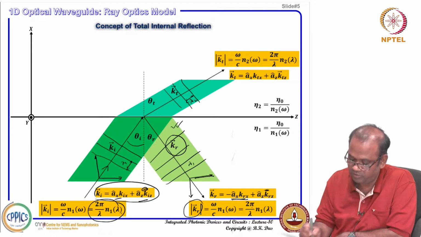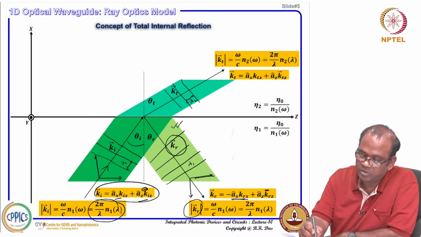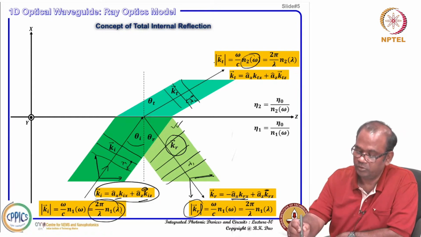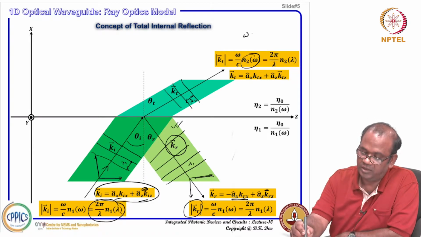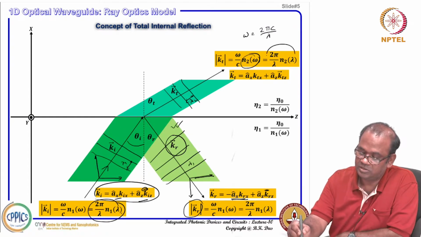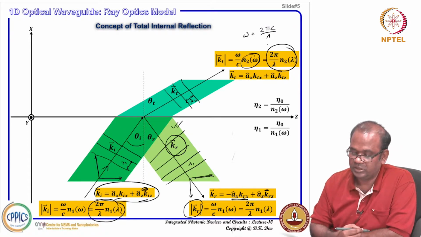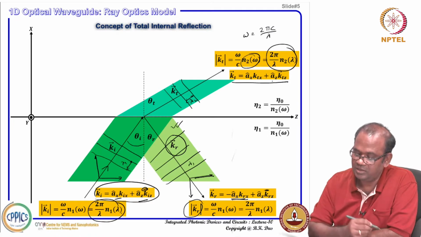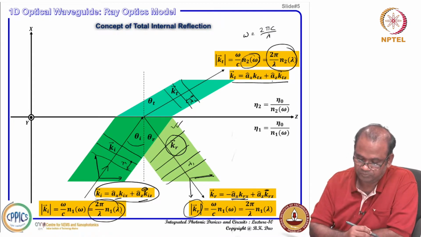So, 2 pi by lambda times n1. And in the case of the transmitted wave, the wave number will be k t equals omega by c times, instead of n1, n2. Again in the same way we can write 2 pi c by lambda n2, with c and c canceling. This is another way of representation, and k t vectorially you can express like this.